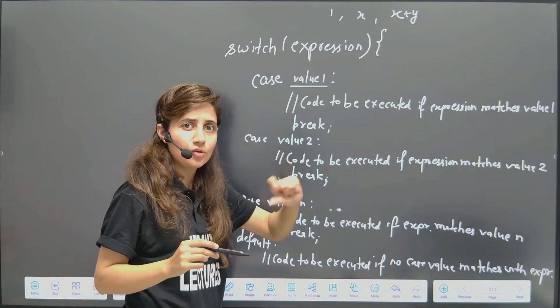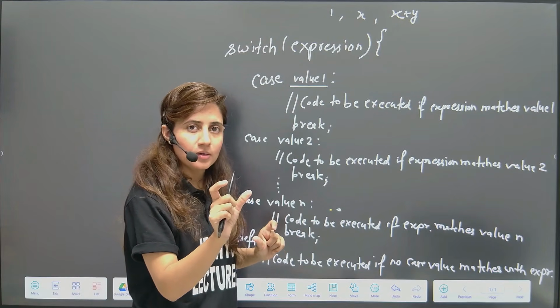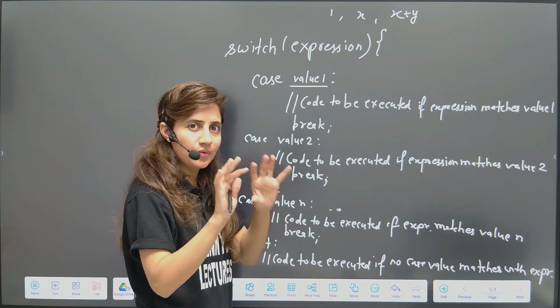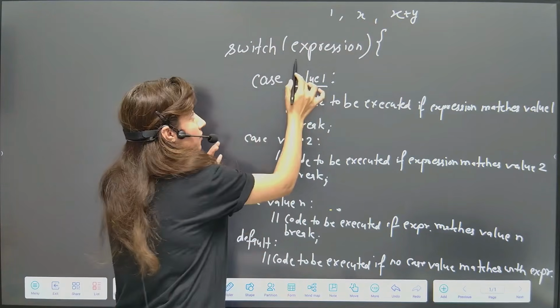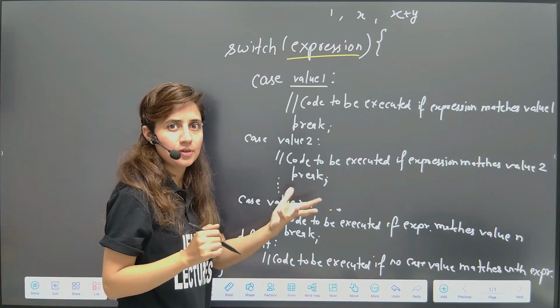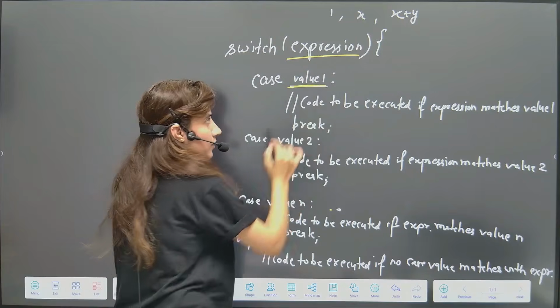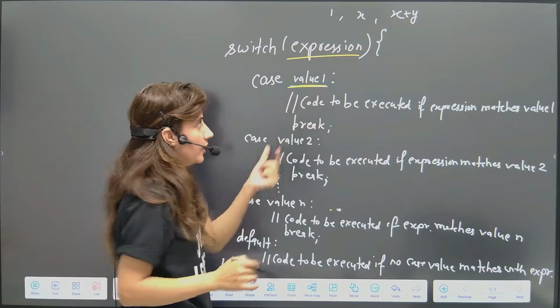I will use these words, expression and label, many times. When I say expression, I'm talking about this thing. When I say case label, I'm talking about this one. It can be a case label or case value also, right?